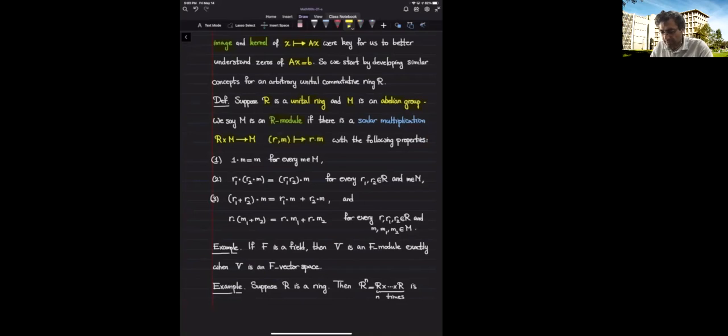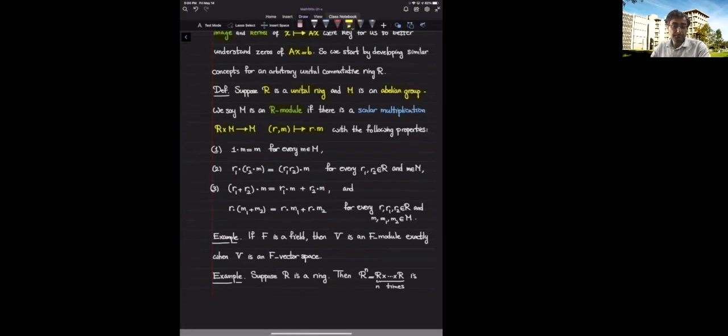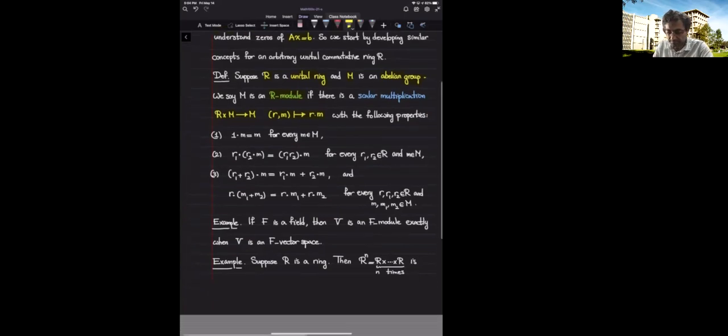So given an element r of the ring R and an element m of the abelian group M, we can talk about r times m. And this multiplication has the following properties.